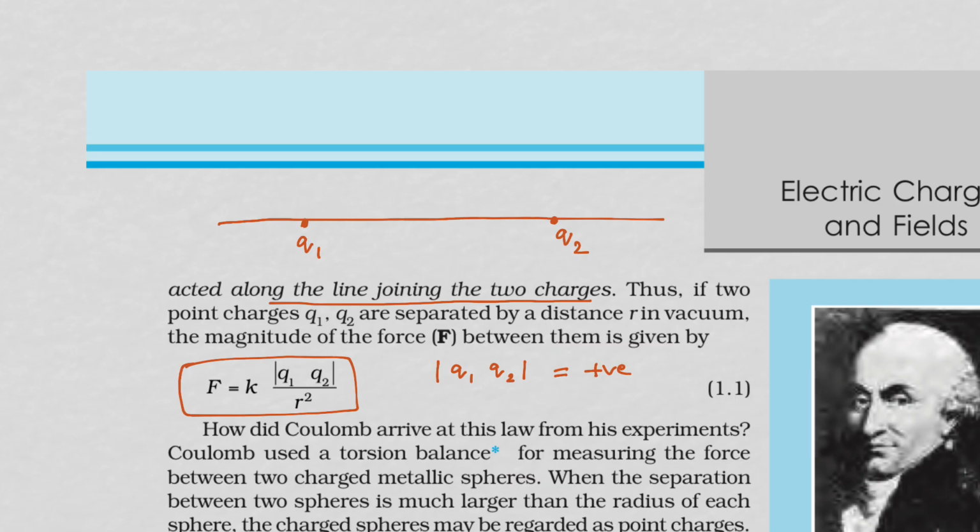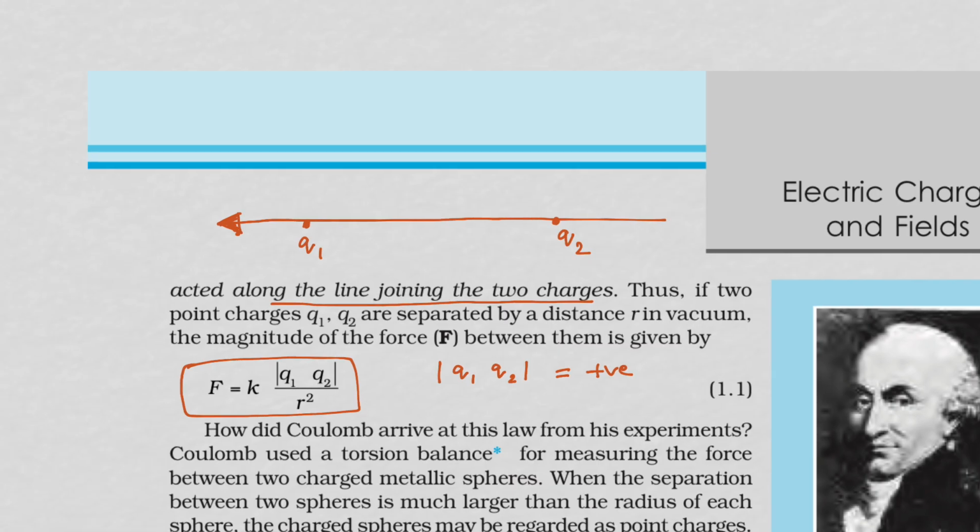So the direction of the force is only along this line, maybe towards left, as you can see on the screen, or maybe towards right. It can be anywhere. That all depends on how we start calculating the force. So force on charge Q2 or force on charge Q1, that we will discuss.